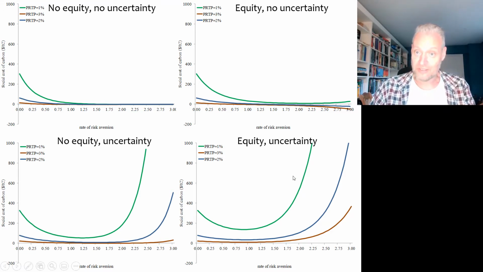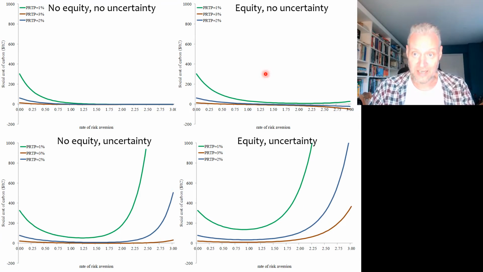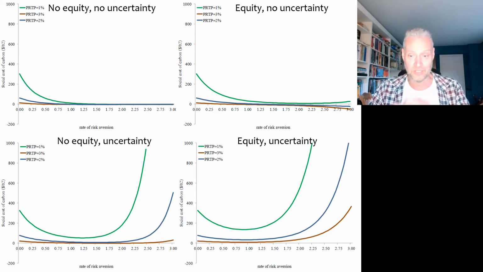Final thing that I want to say: if we compare this graph with this graph, we see that uncertainty is a bigger concern than equity, at least according to this model, at least according to this particular parameterization.